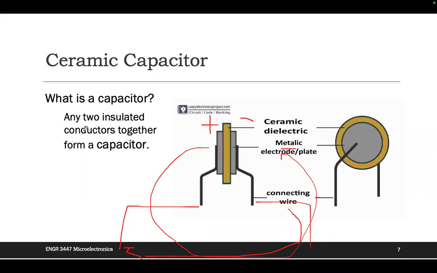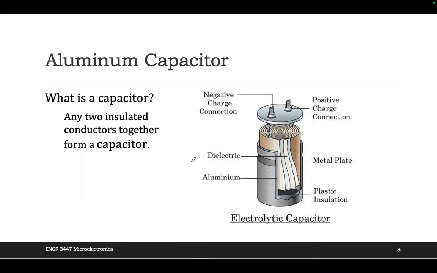Actually, we have different types of capacitors. It has a similar thing. You can see this is a negative charge connecting, this is a positive charge, and this is the dielectric, like the middle material. It will isolate the negative and the positive and has a voltage, like the energy potential.